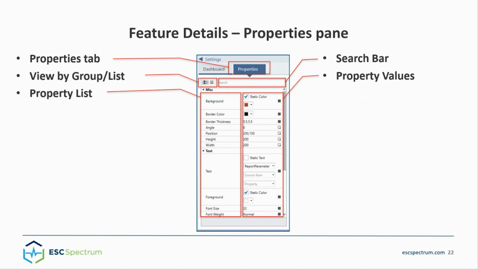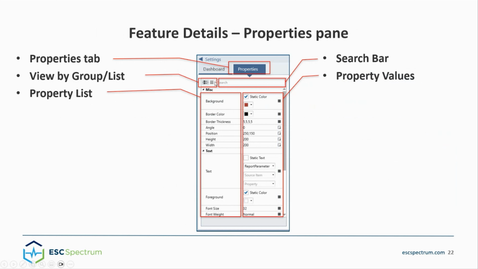And then moving to the, I think the last area on the far right is the properties pane. This area contains all of the settings and attributes and properties of the dashboard item that's selected in the canvas.